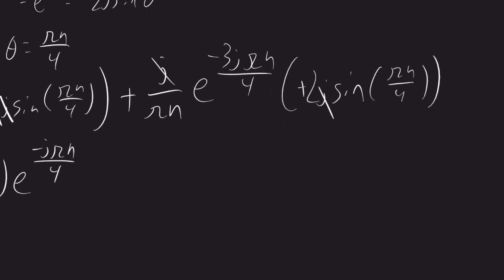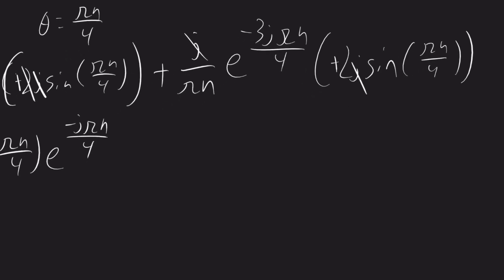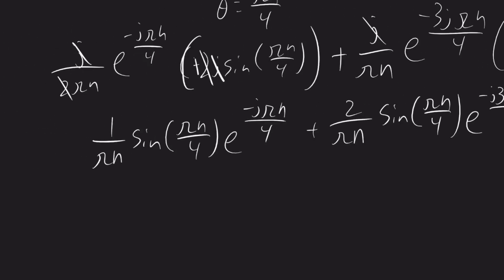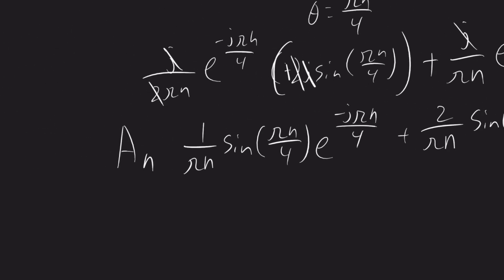So that negative will go away. We'll have plus 2 over pi n times sine of pi n over 4 times e to the negative 3j. I'll actually write it as negative j times 3 pi n over 4. And this is our a sub n equation.